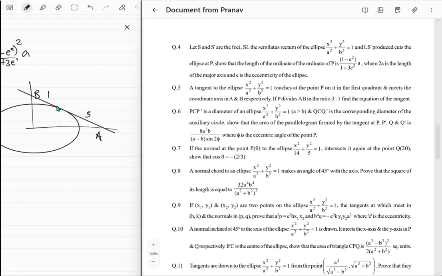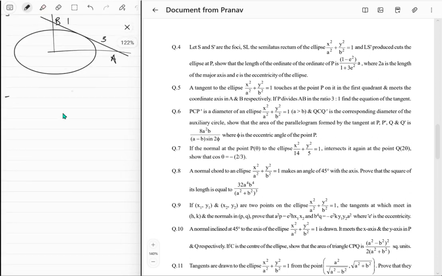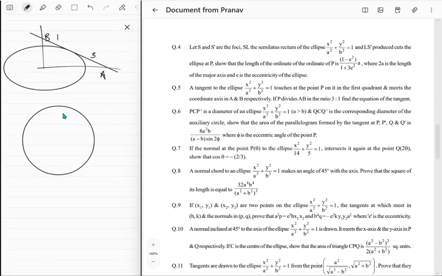Find the equation of the tangent. Nice. You know what I'm thinking? To figure out the eccentric angle, just do a reverse transform and make this a circle, because the ratio will still remain the same, right? So now you just got to figure out what angle is such that this is cut in ratio 3:1. So you got this as theta, and this is 1:3, of course. So this thing is 1.